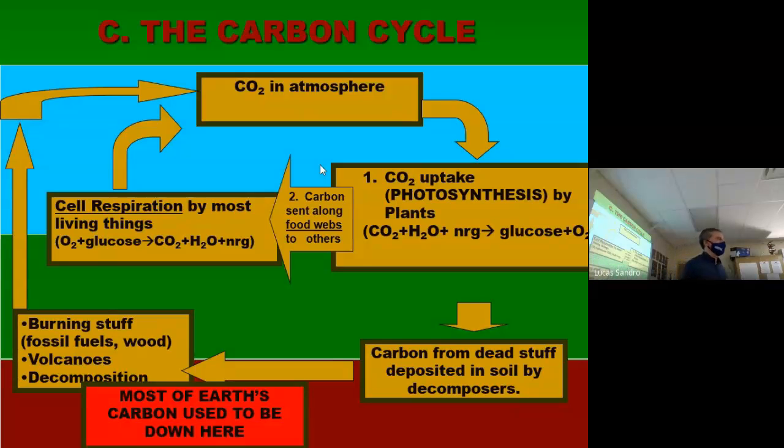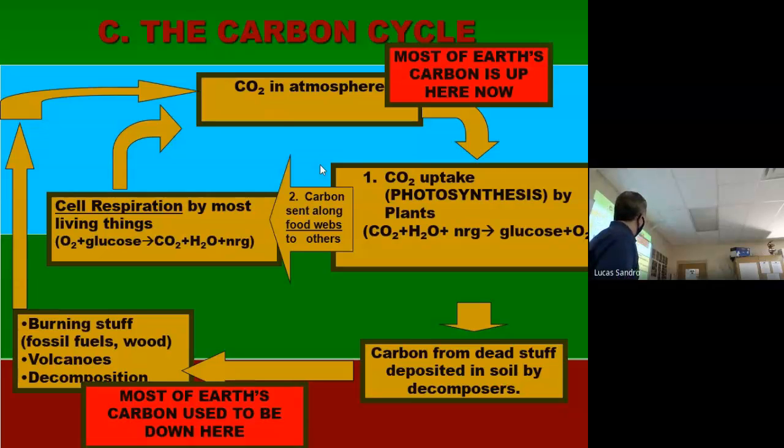And the most efficient stuff for us to burn to get energy from has been fossil fuels. And so we've gotten very good at extracting coal, oil, and natural gas and using it to power things. And in the process, we have moved a large portion of the Earth's underground carbon up to this part of the cycle. And so there's way more carbon in the atmosphere now than there used to be, and less underground. We'll talk about effects of that in chapter 6.